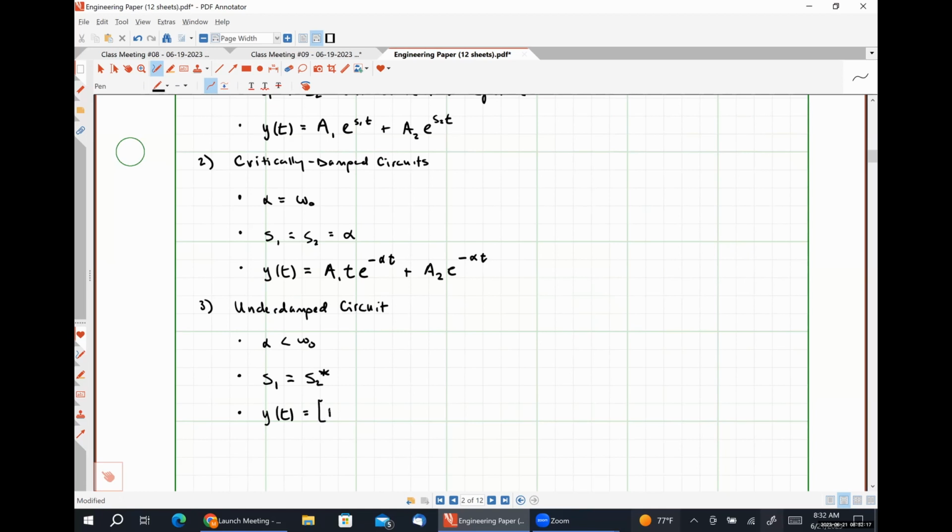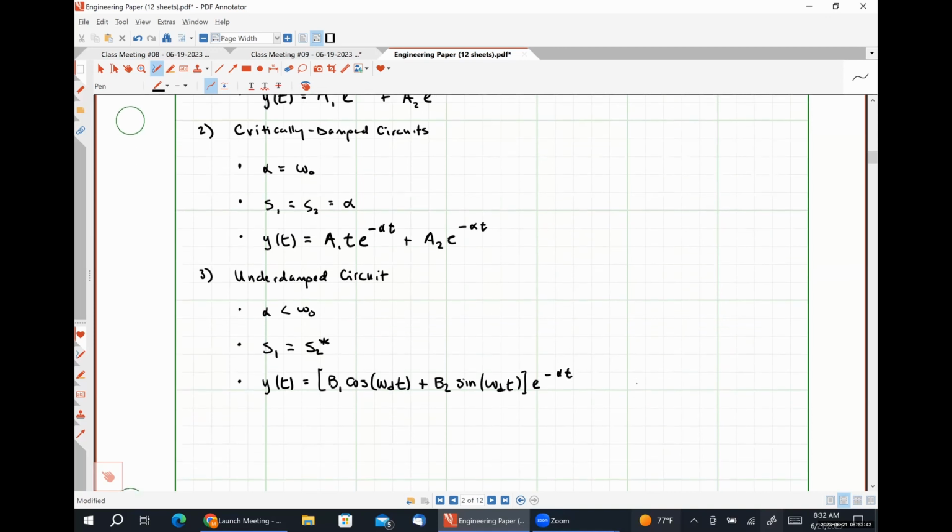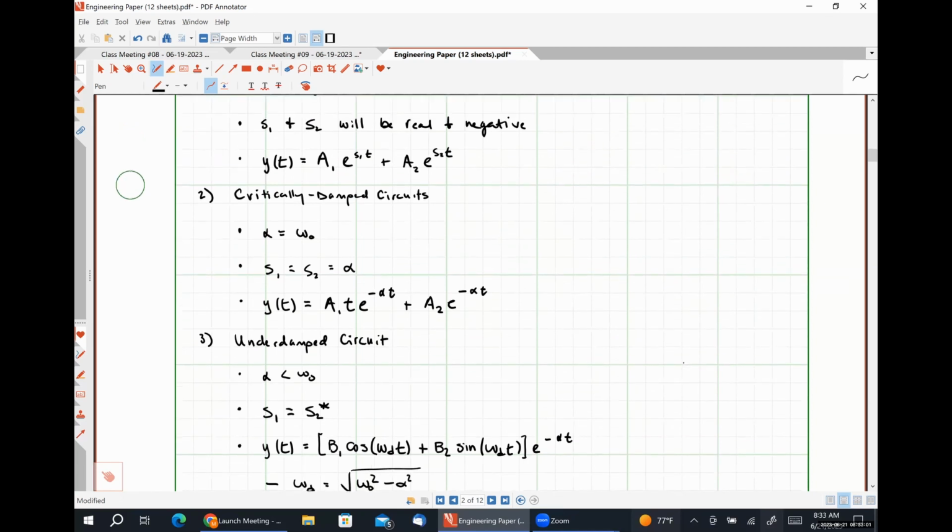We're going to have B1 cosine omega dt, and I'll define omega d here in a moment, plus B2 sine omega dt, all times e to the negative alpha t, where omega d is equal to the square root of omega naught squared minus alpha squared. So these are the three different cases that we might see.